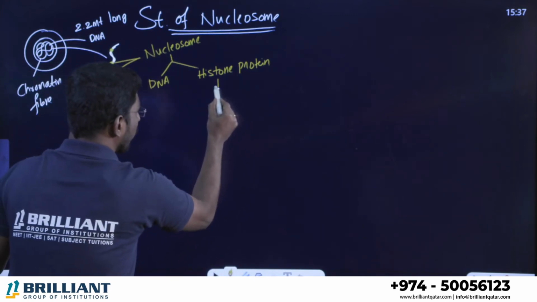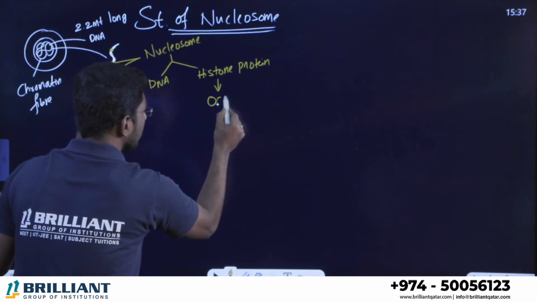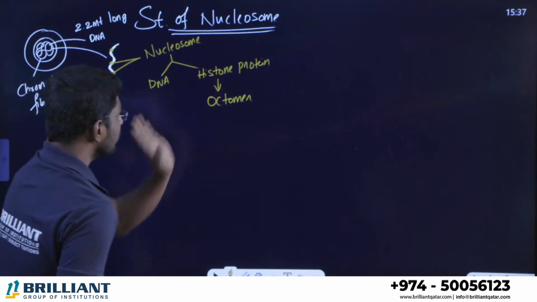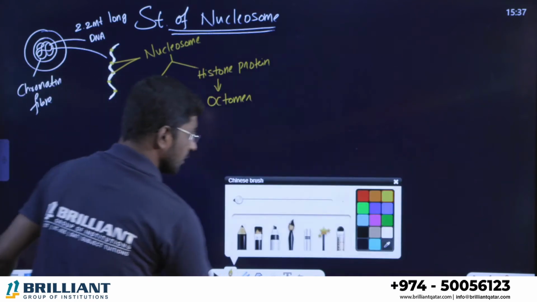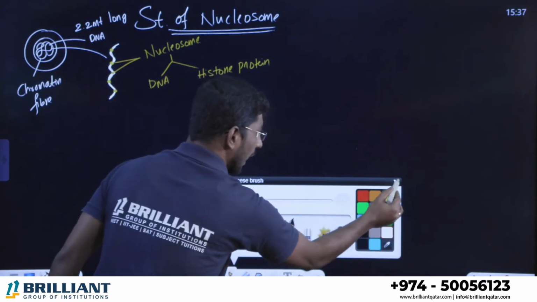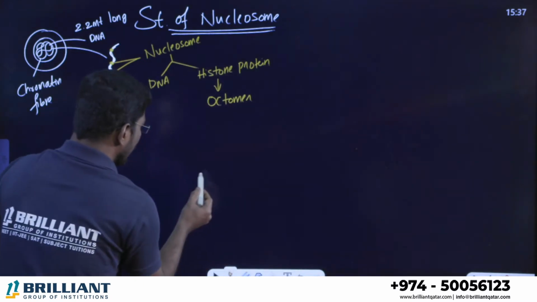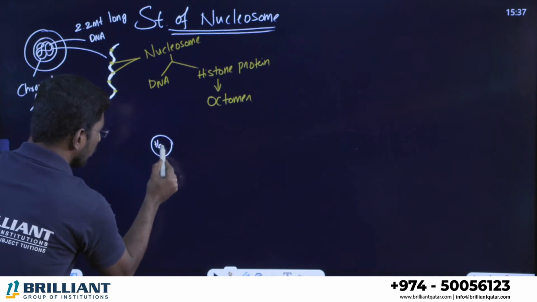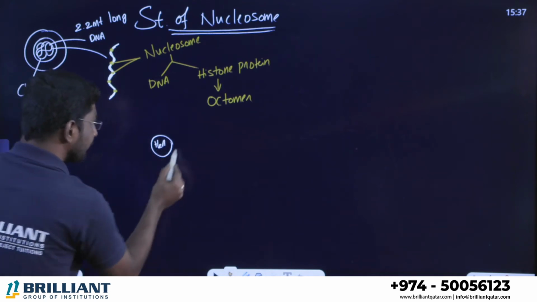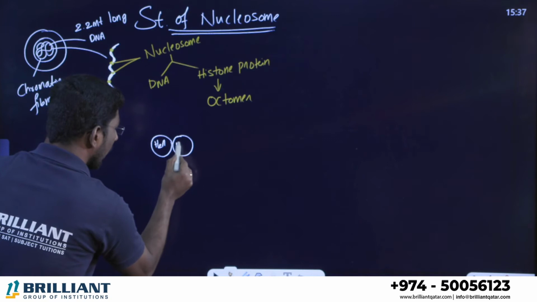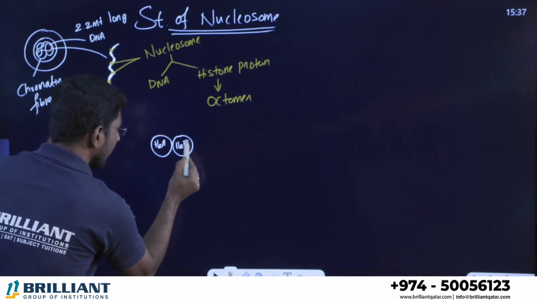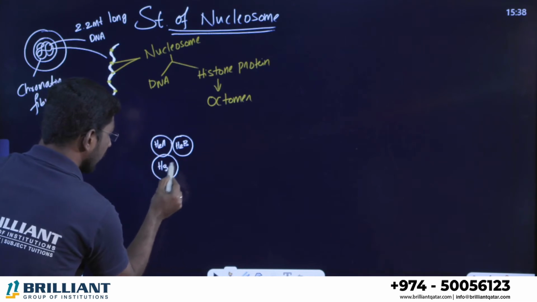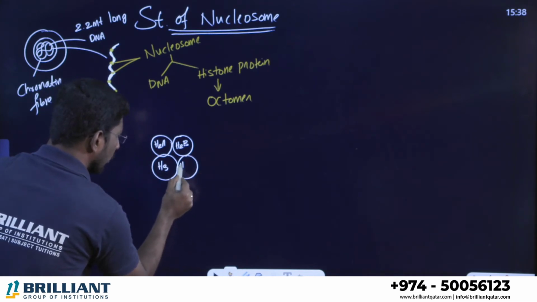Histone protein, we can also say it is an octamer. What is this octamer? Look here, in histone protein there are 8 protein molecules. This is H2A, H2B, this one is called H3, and H4.